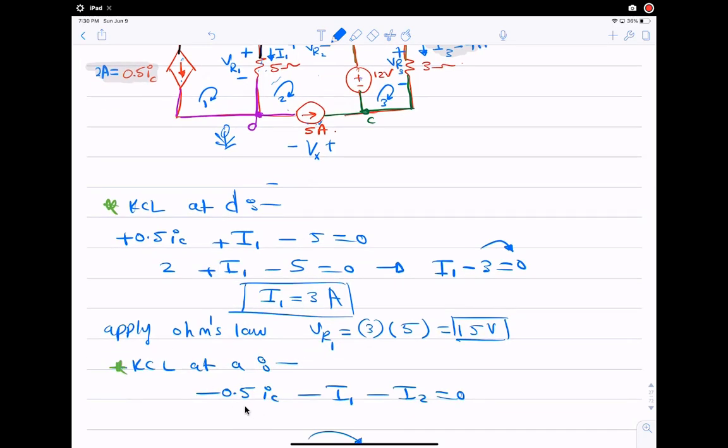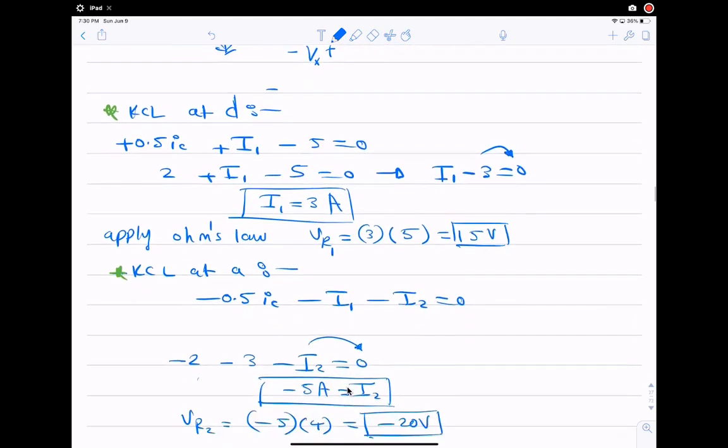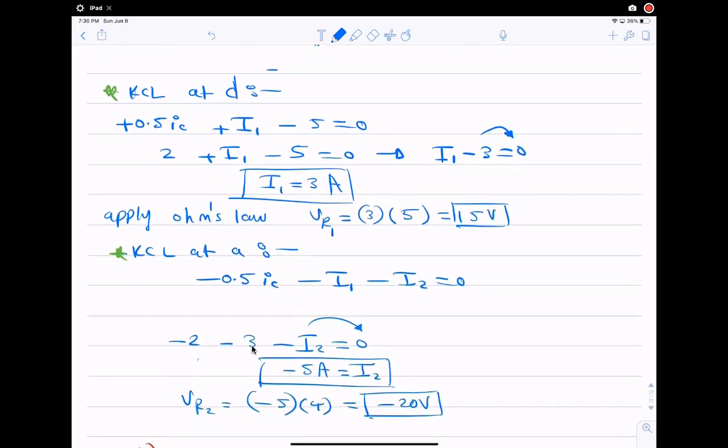So all are negative: negative 0.5 IC, negative I1, negative I2 equals 0. Now 0.5 IC is 2 ampere. I1, I just found it, 3 ampere. So negative 2 minus 3 is negative 5, minus I2. Since I2 has a negative sign, move it to the other side to become positive. So I2 is negative 5 ampere.